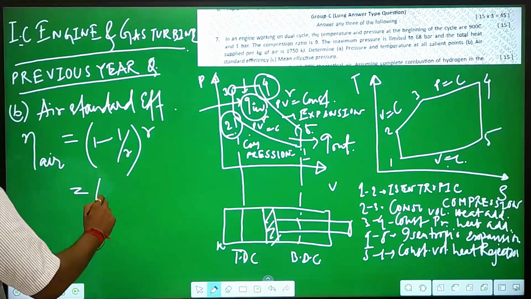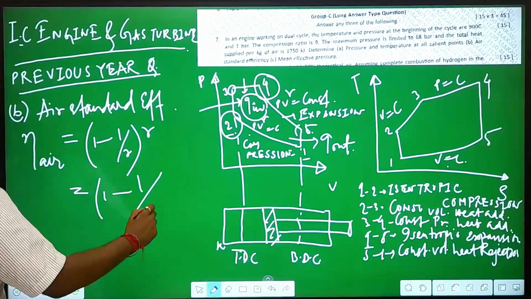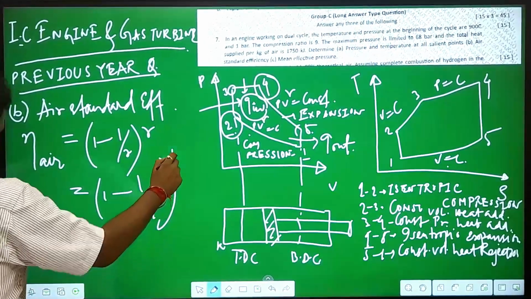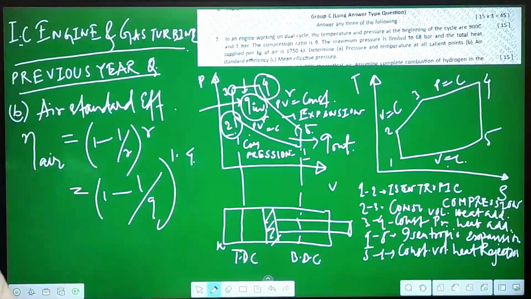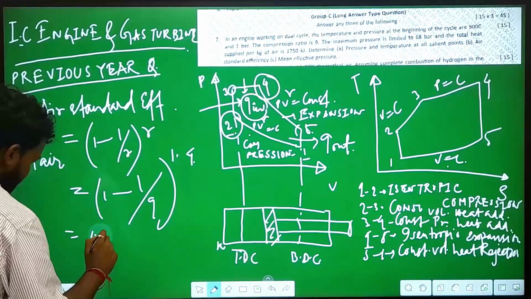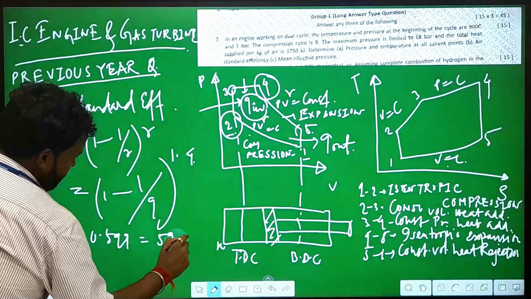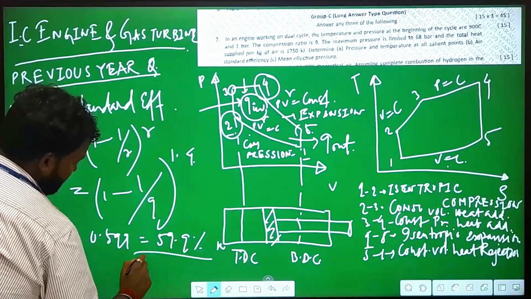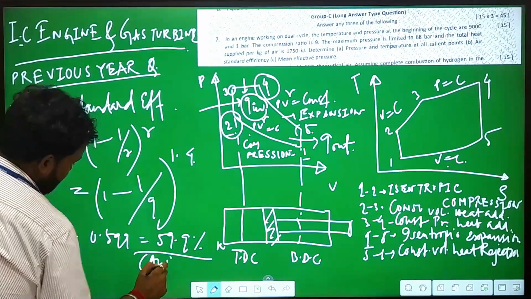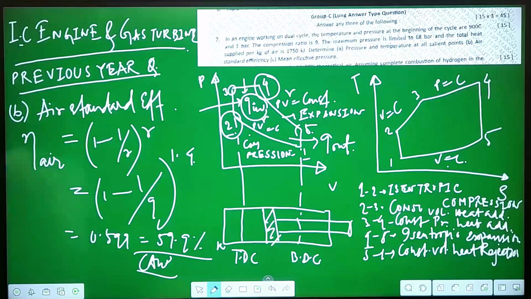So, 1 minus 1 by 9 whole to the power 1.4 gives 0.599, or you can say 59.9%. This is another answer of the air standard cycle efficiency.